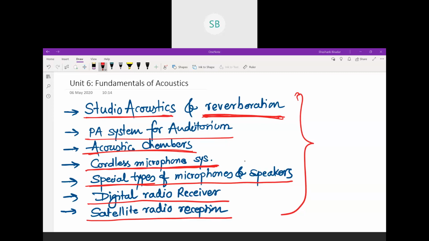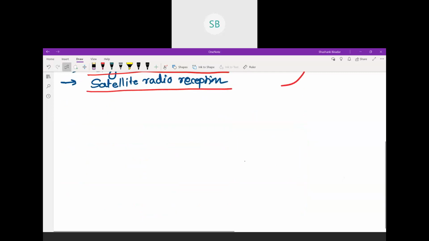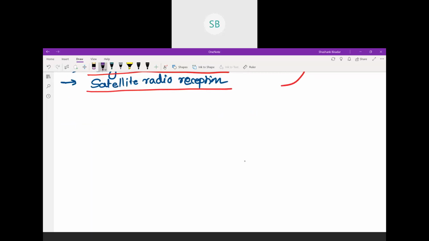So let us start with the fundamentals. Let me write down the first point: fundamentals of acoustics.